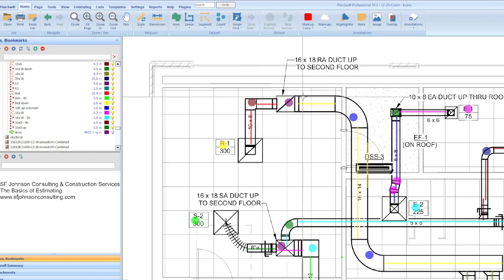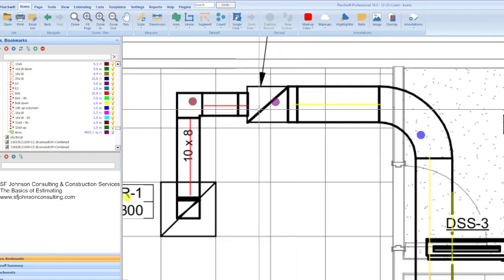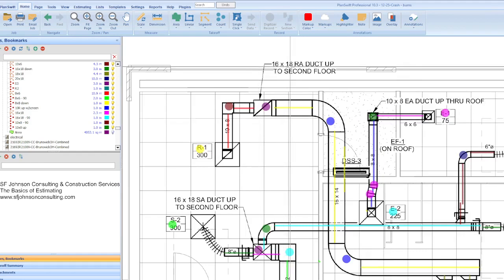Okay, and then right here's a 16 by 18 return grill, and with the duct up to the second floor. Okay, so what would we do here? We'd have a 16 by 18 90-degree angle. This is what I do because we have to go up, right?